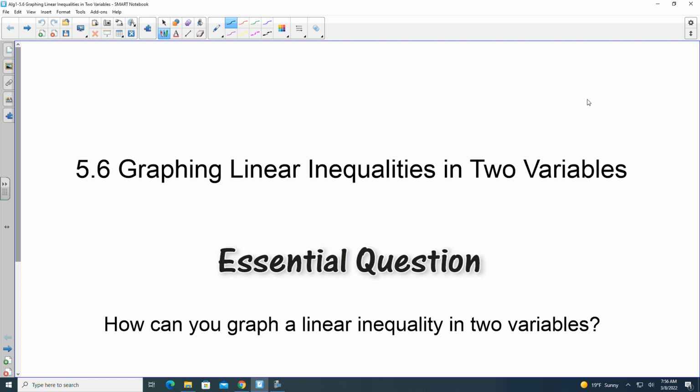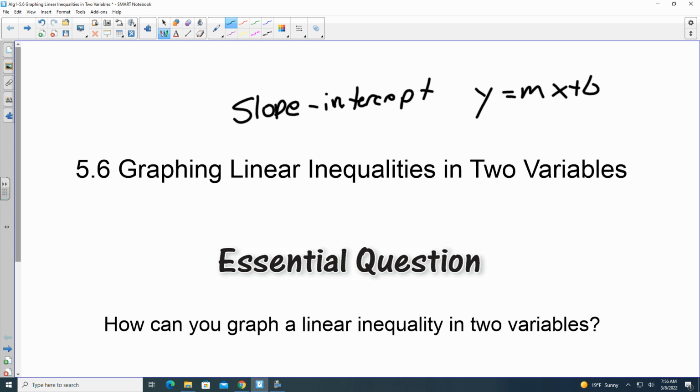We are going to make sure we get things into slope-intercept form, which we know is y is equal to mx plus b. We know that b stands for whatever the y-intercept is for that equation, and m is the slope.